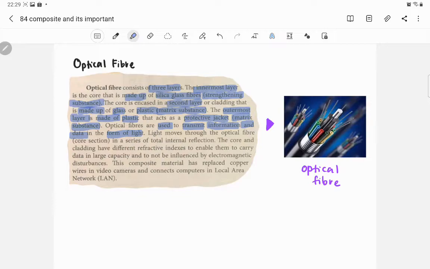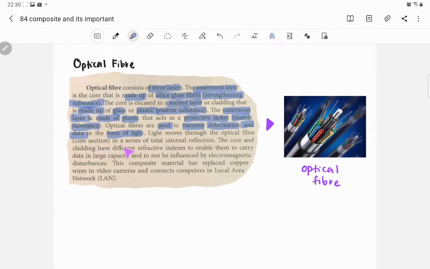Okay, so optical fiber ni selalunya kita tengok, kita dapati banyak lah untuk dia nak sambung yang internet punya kan. Okay, so kita pakai optical fiber lah. Light moves through the optical fiber in a series of total internal reflections.